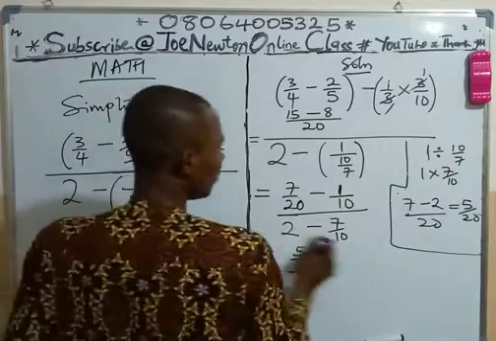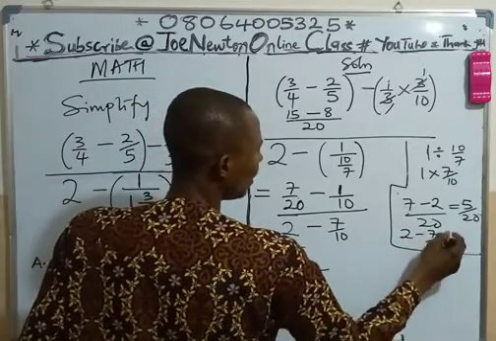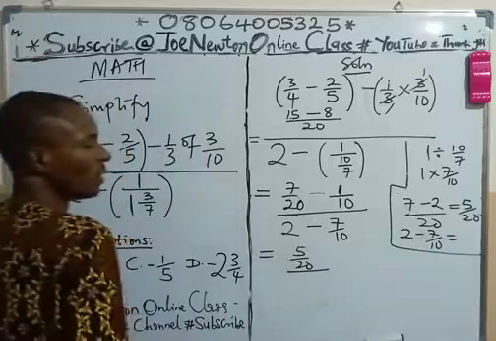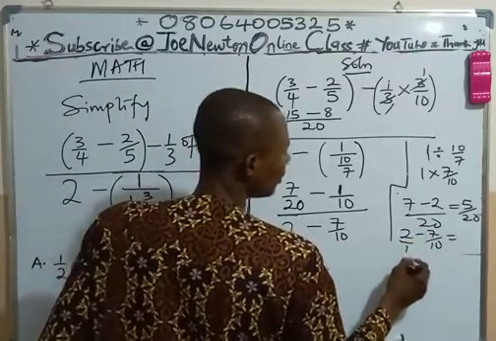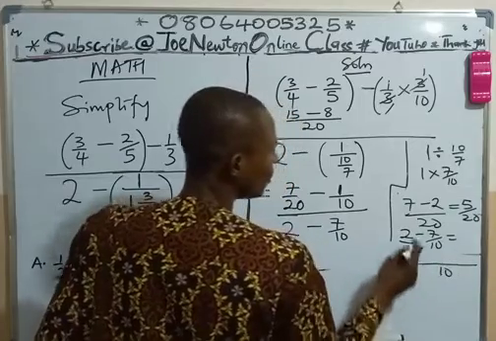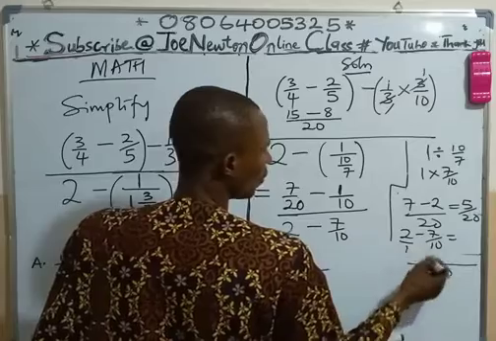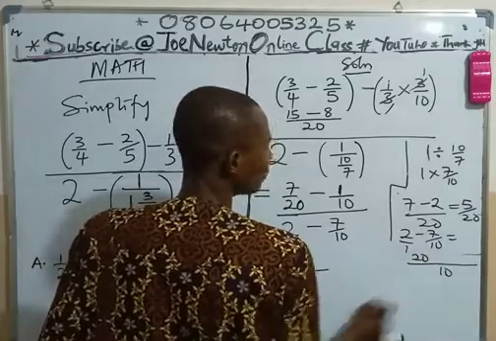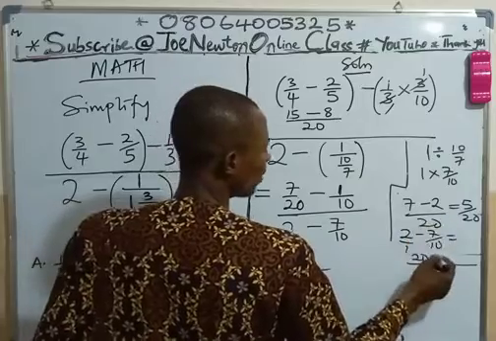Here we come to this place. When you have 2 minus 7 over 10, it is simple. It is like having 2 over 1. The LCM is 10. 1 divided into 10 is 10. 10 times 2, you have 20. Then 10 divided by 10 is 1, 1 times 7, you have 7.